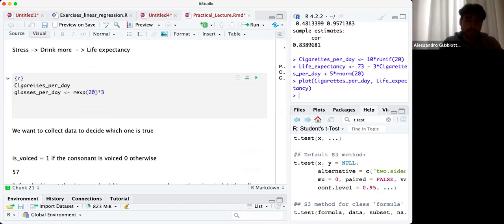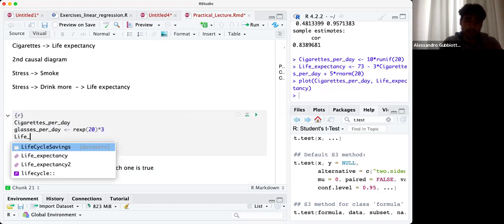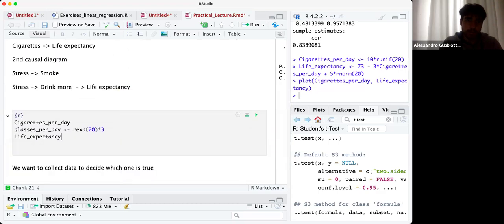And then the life expectancy could be something like 75 minus 2 times cigarettes per day, minus 3 times drinking glasses.